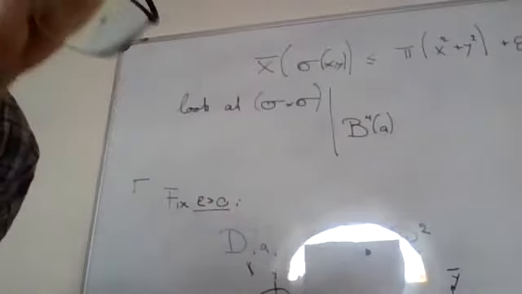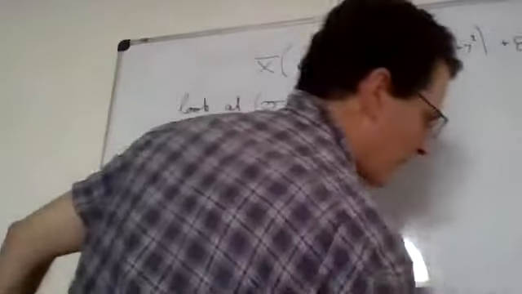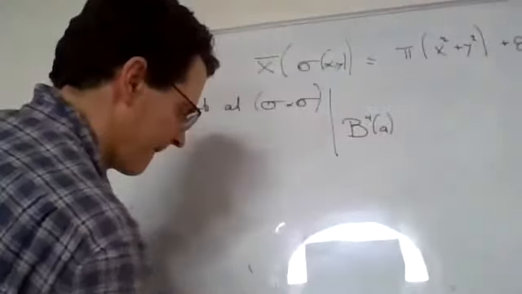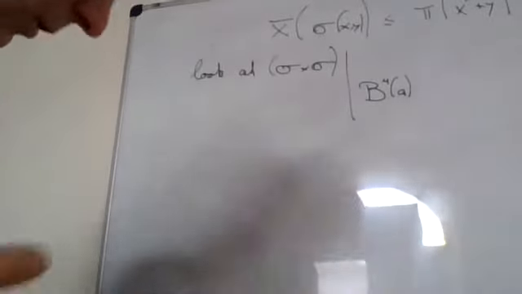Maybe I compute it now. I just check it. Either way one can kind of see it, but let's check it. So what happens for a point in the ball, right?